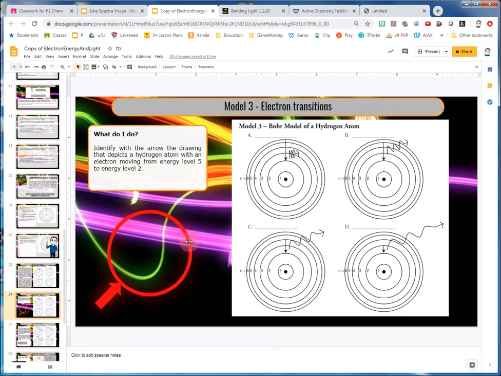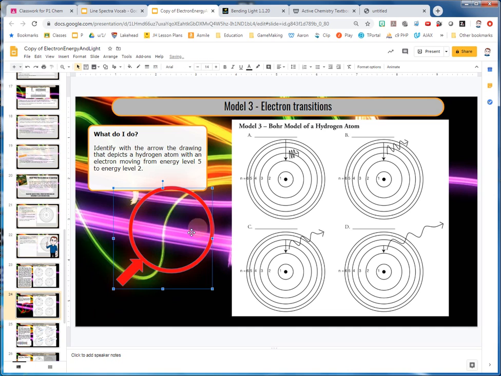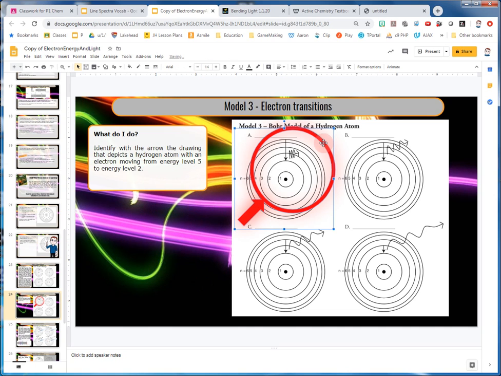But what I wanted you guys to do is basically highlight one of these based on which one is depicting a hydrogen atom with an electron moving from energy level 5 to energy level 2. So 5 to 2. Well, 5 would be outside of 2, and 2 would be inside of 5. So it's probably going to be an arrow going in.